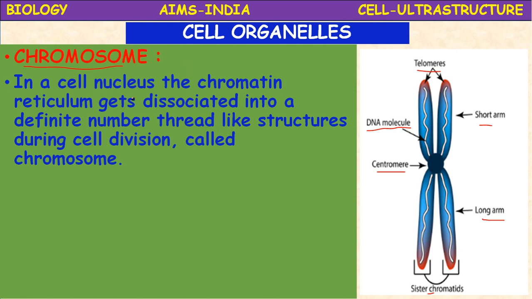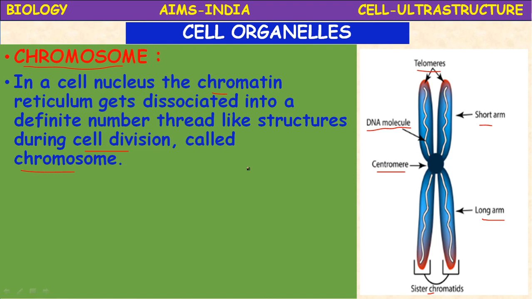In a cell nucleus, the chromatin reticulum gets dissociated into a definite number of thread-like structures during the cell division. They are called chromosomes.